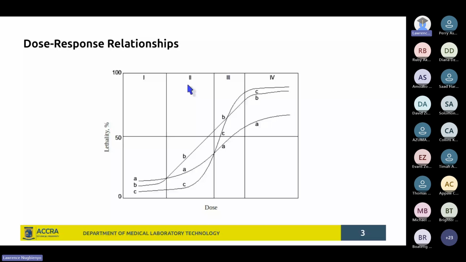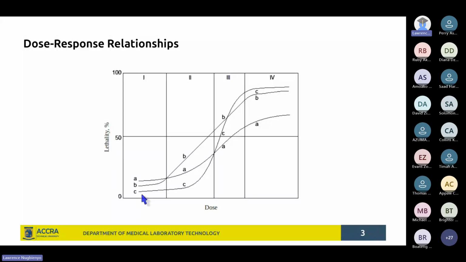If you pay attention, you realize that if you take zone 1, the lethality of substance A is more than that of substance B, and that is also more than substance C, which means, at the same dosage range, the effect of substance A is the highest, followed by the effect of substance B, followed by the effect of substance C.